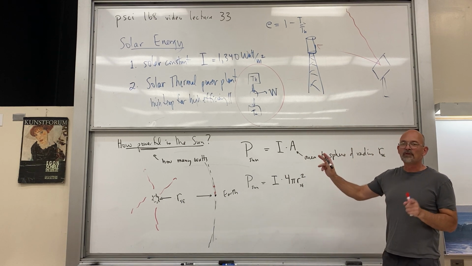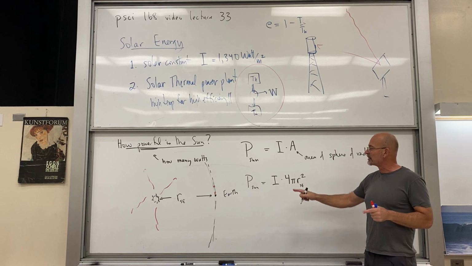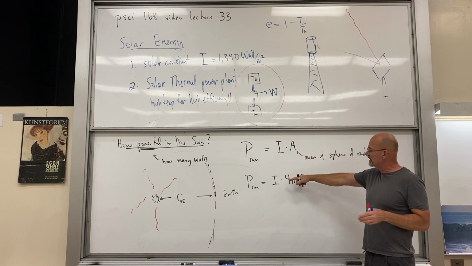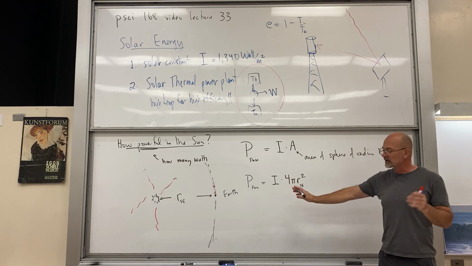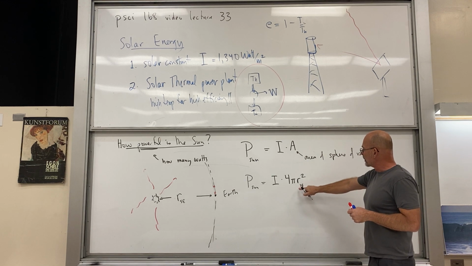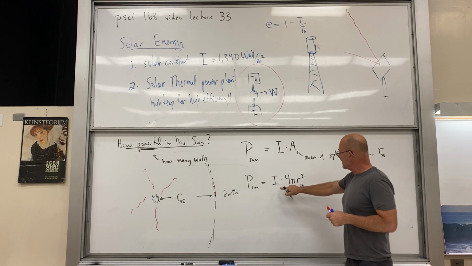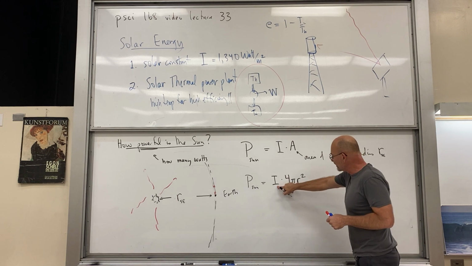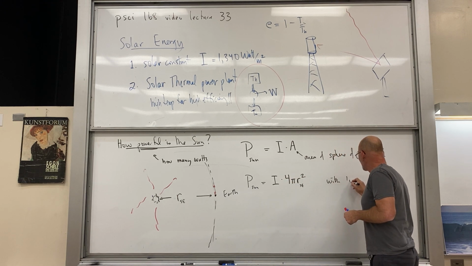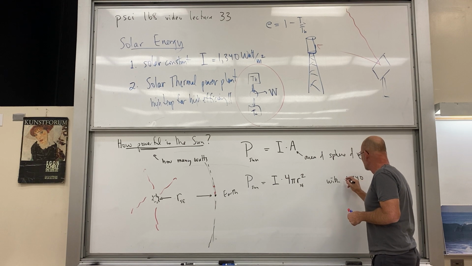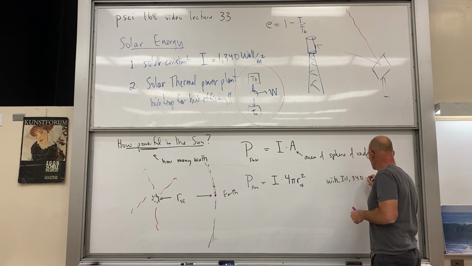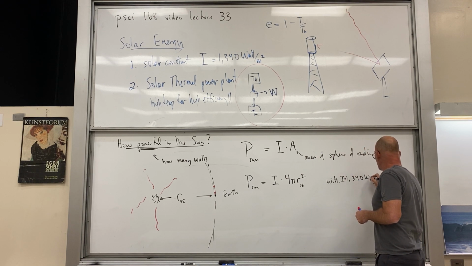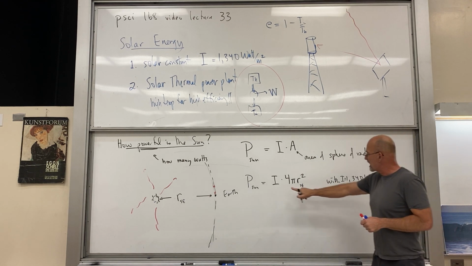I'm going to do this for you, let's say next time, but leave room in your notes and consider this to be a homework assignment because it'll be fun. So what you're going to do is use this value up here, I equals 1,340 watts per square meter.